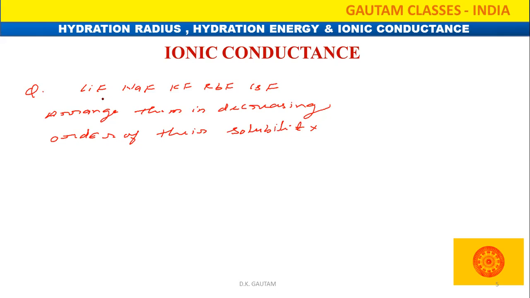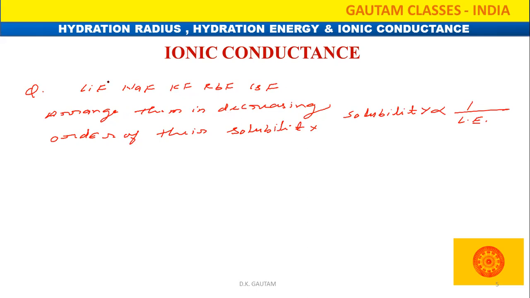Because here ionic compounds are given, and as I just told, solubility is inversely proportional to lattice energy. So here we should know the lattice energy order: cesium fluoride, rubidium fluoride, potassium fluoride, sodium fluoride, and lithium fluoride. Which one has the highest lattice energy?